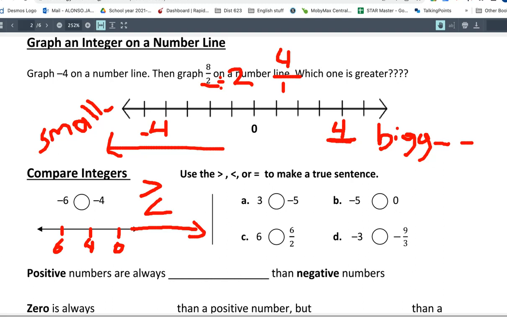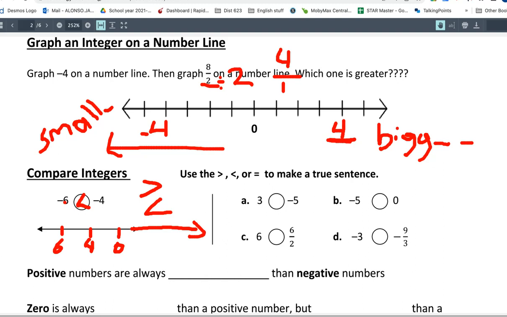So since we know that -4 is bigger than -6, we are going to say -6 is less than -4, right? Because remember, whenever we're comparing numbers, we always read from left to right. So -6 is less than -4, right?